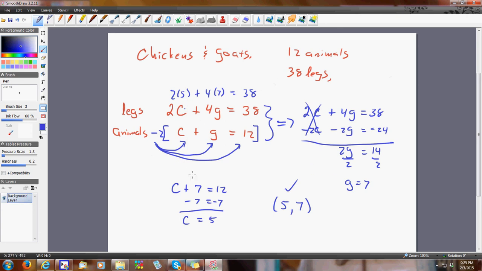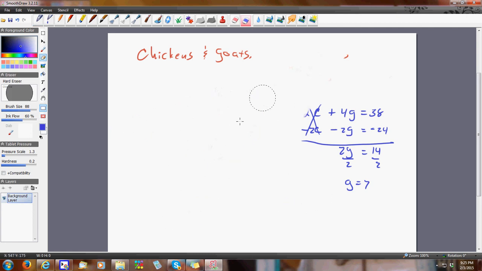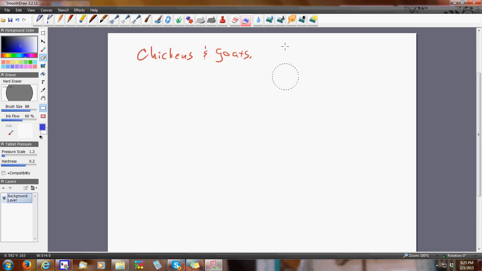Sometimes we talk about going to a theater, and you'll have children's price tickets, and you'll have adult price tickets, and then you'll have the number of people. If you do that, you just have to think money and people.